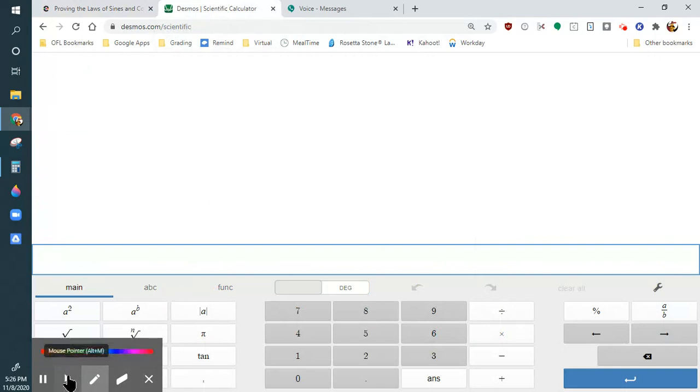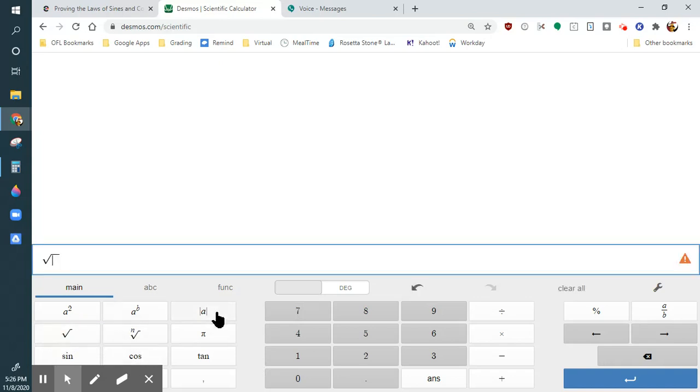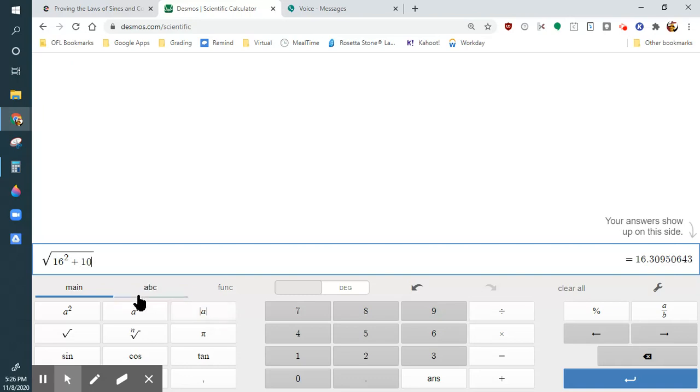So here I'm going to do this. Where's the square root? There's the square root. 16 squared plus 10 squared minus 2 parentheses 16 close parentheses 10.